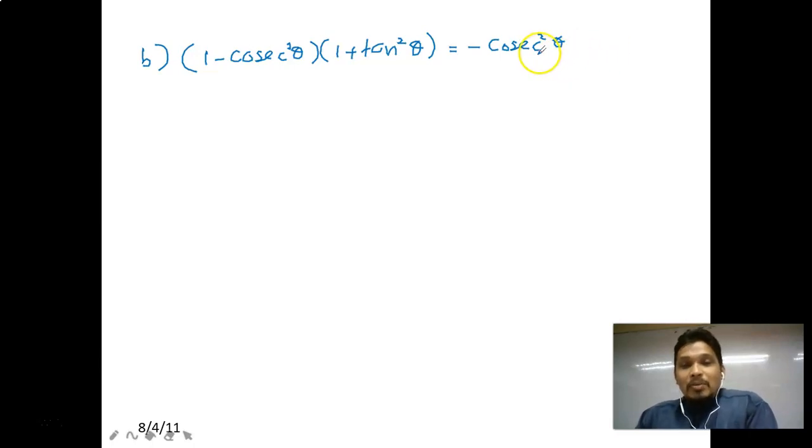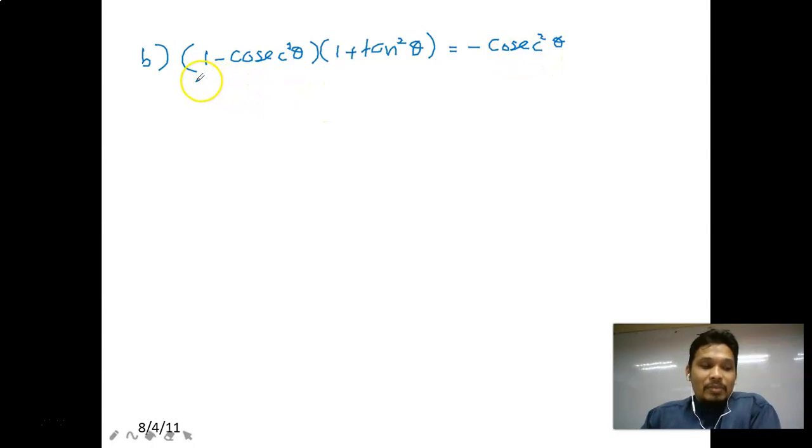You may begin the process from the right side. Again, it's all up to you, as long as you can solve it. If you begin from the right side, you get an equation that equals the term on the left side. Or if you begin from the left side, you end up with something equal to the one on the right side here.